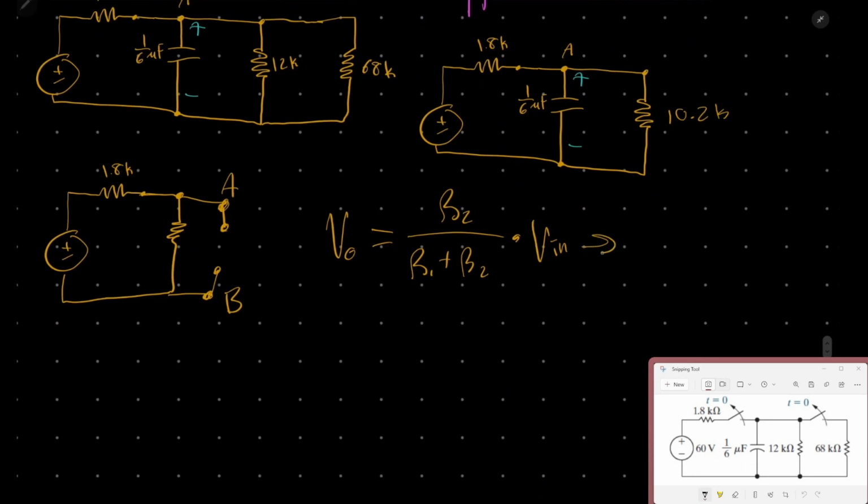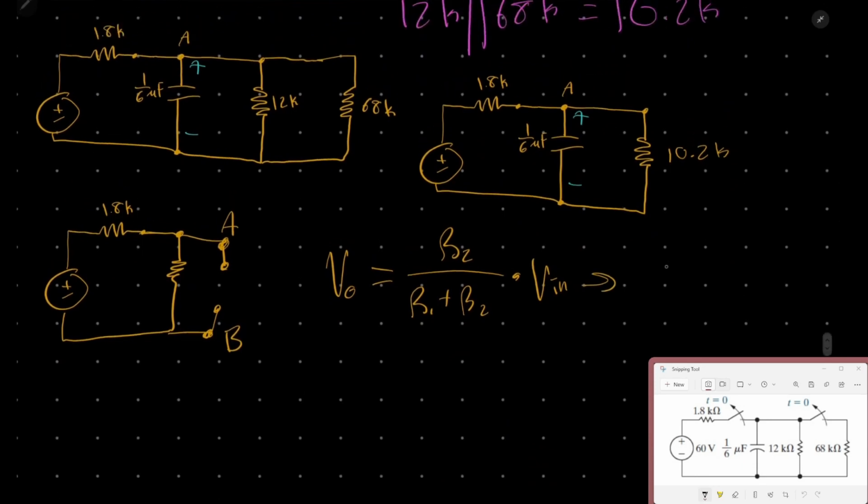And we will replace our variables with, in this case, R2 is going to be 10.2, so 10.2K over 1.8K plus 10.2K times 60. This is 60 volts right here.